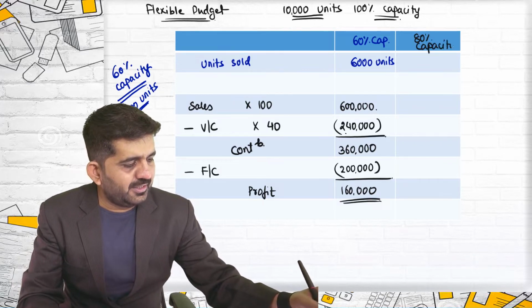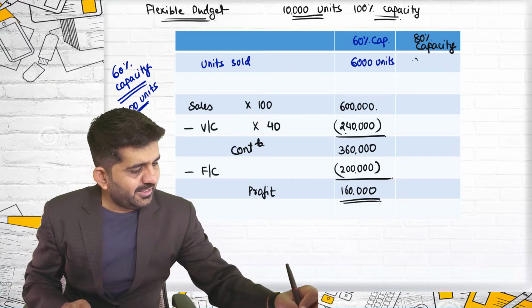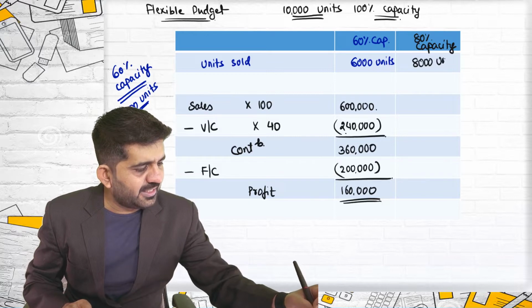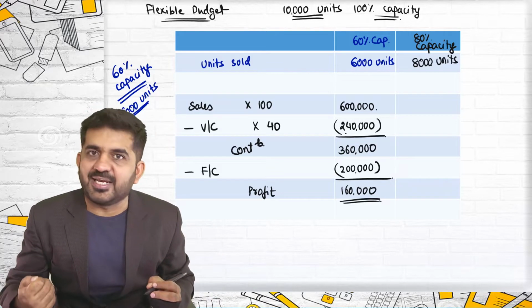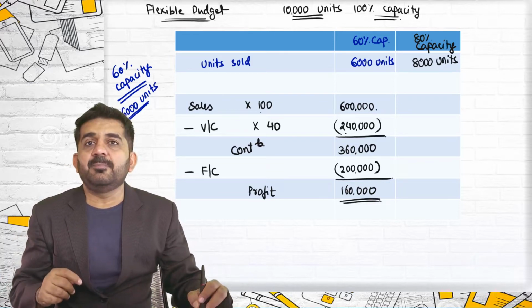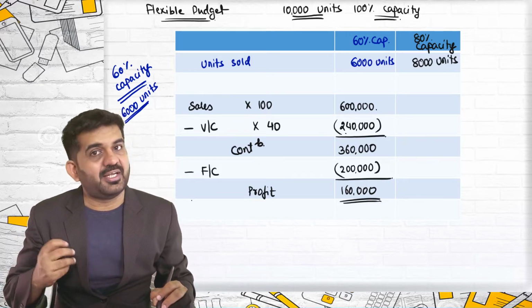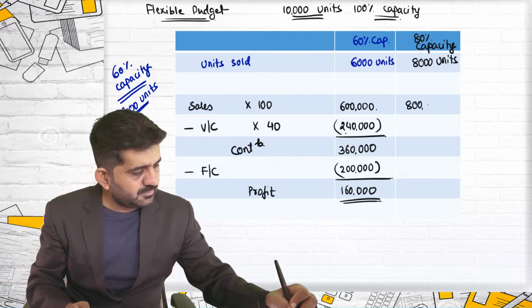This will be regarded as a flexible budget. How will we do it? At 80% capacity, I will be selling 8,000 units, because at 100% capacity I sell 10,000 units. If the selling price is given as changing, I will change it. Otherwise, I will keep it as it is, which gives 8 lakh rupees.